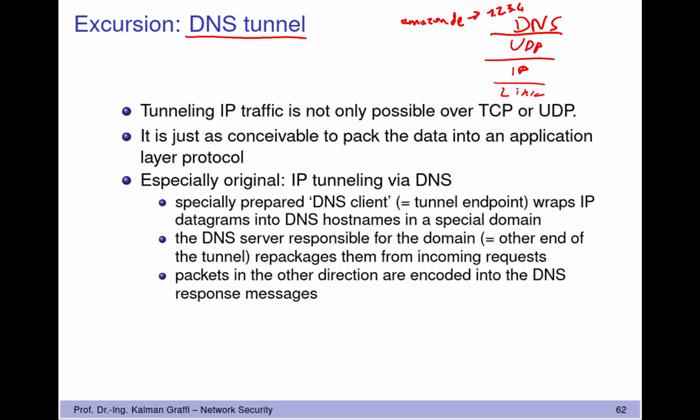Typically, if you join the network in Wi-Fi or per Ethernet, you get an IP address via DHCP, and not just that, you are also given the IP address of a DNS server, at least one. There are also some public ones that you can configure from Google, 8.8.8.8, or I think also 8.8.4.4. So these are some public DNS server IP addresses.